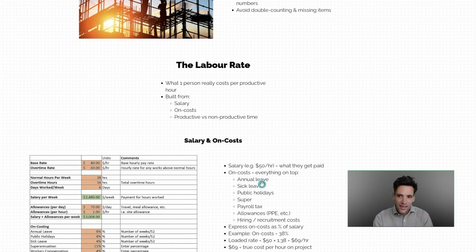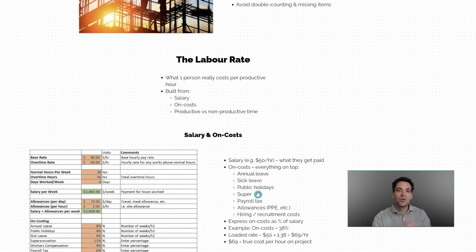Now, the salary is what someone is paid for an hour that they're at work. So if someone gets paid $50 an hour, their salary is $50 an hour. Salary is pretty easy to understand, but what they cost the business is different to their salary, because on top of this salary, for whatever they cost the business for 1 hour they do the work, we have to factor in annual leave, sick leave, public holidays, superannuation, payroll tax, allowances like PPE, consumables, as well as hiring and recruitment costs.